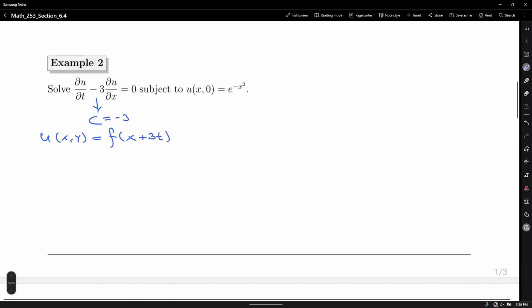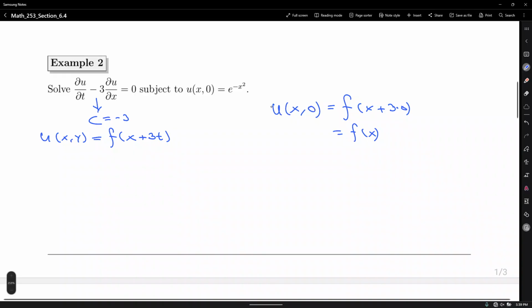And we're done with the general solution to the PDE. We want the particular solution. That is when u of x, 0 equals f of x plus 3 times 0, which is simply f of x, isn't it?